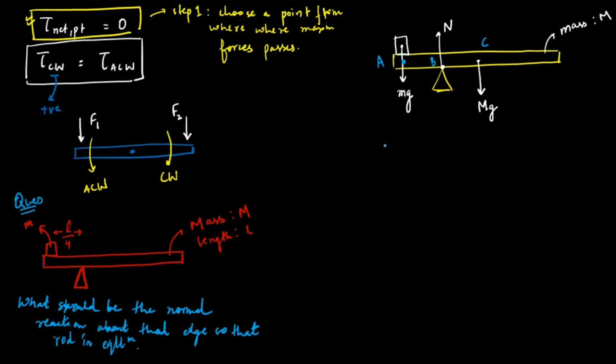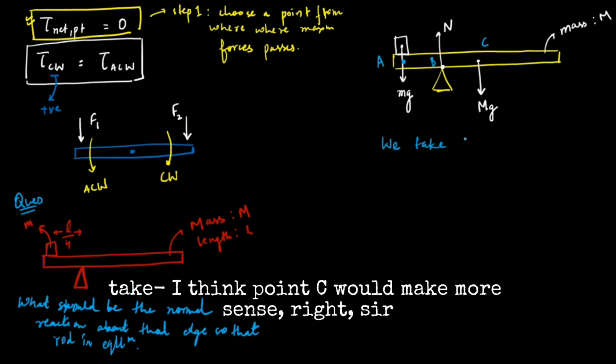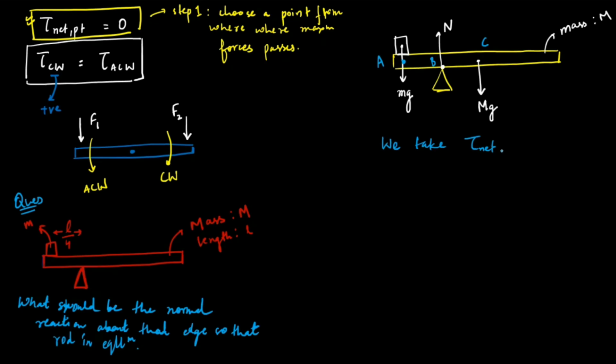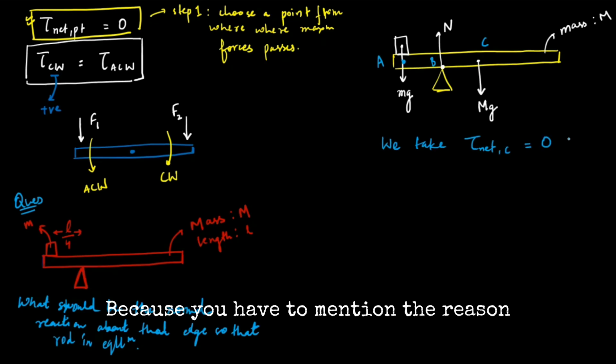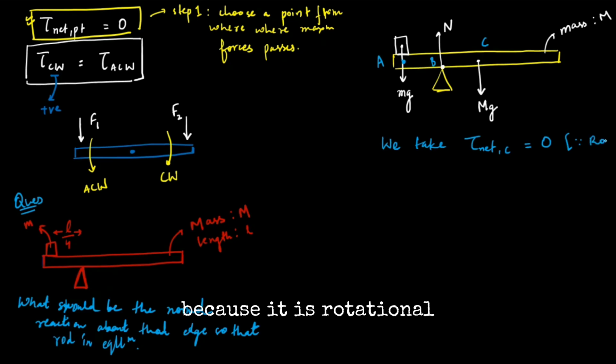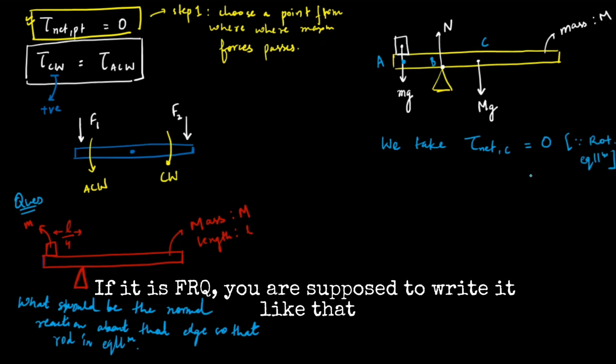So I think point C would make more sense, right, sir? Yes, torque net about point C is zero, because you have to mention the reason: it is rotational equilibrium. It is given in the question. If it is an FRQ, you are supposed to write it like that.